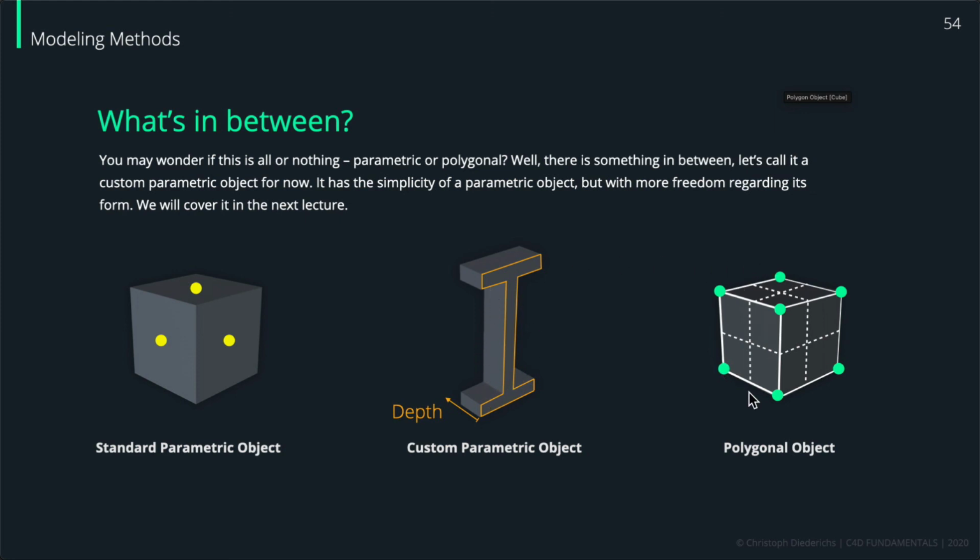In this lecture, lecture number 2, we will have a bit more of a look into the polygonal side of modeling, and then later come back to this step and see how we can create our own custom parametric objects, because I think it's quite important to first get the grasp on how to do polygon modeling, and then we can come back to creating our own custom parametric objects.